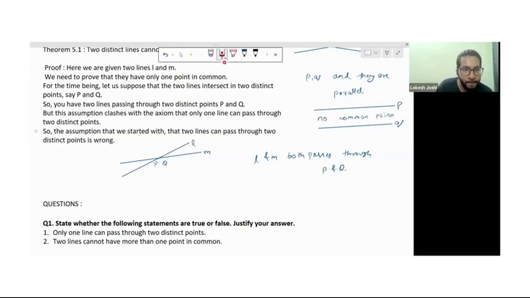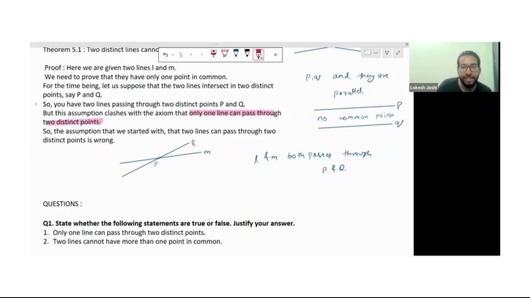This assumption clashes with the axiom that only one line can pass through two distinct points. We have done this: only one line can pass through two distinct points. So our assumption is wrong that there are two points P and Q. There is only one point P which is the common point.